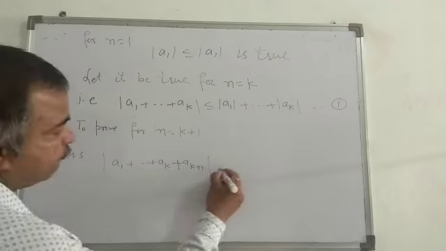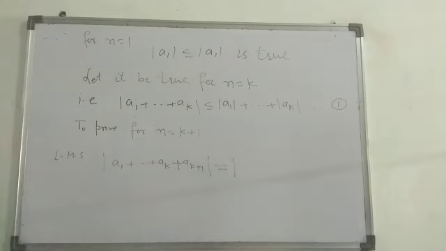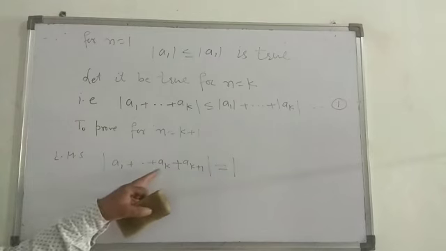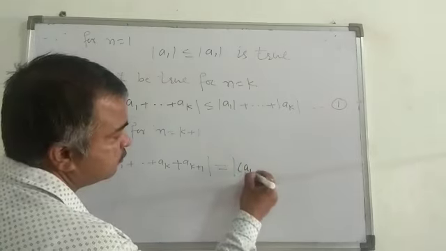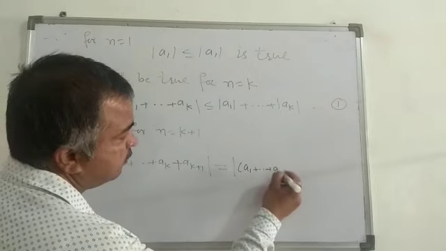This can further be written as |(a1 + ... + ak) + a(k+1)|.